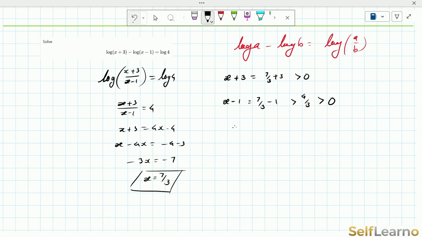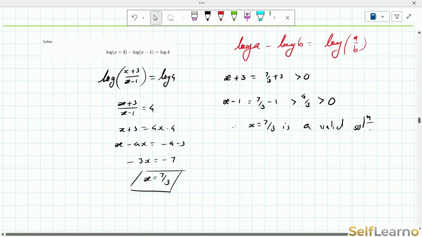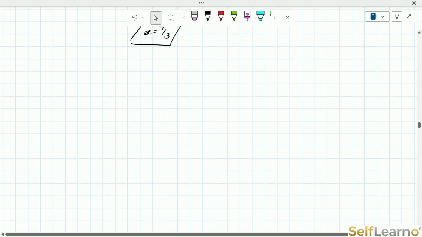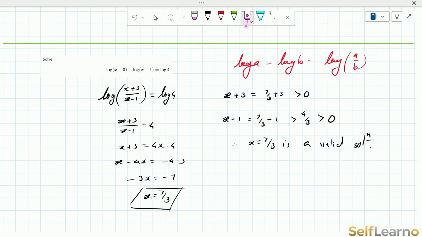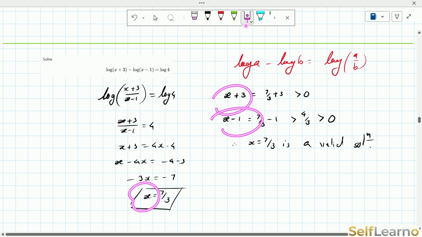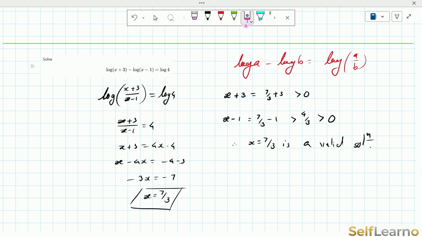Therefore, x equal to 7 by 3 is a valid solution. So here we are developing our habit that all the solutions must be checked with respect to the argument, and in future, we will check the base of the logarithm also.